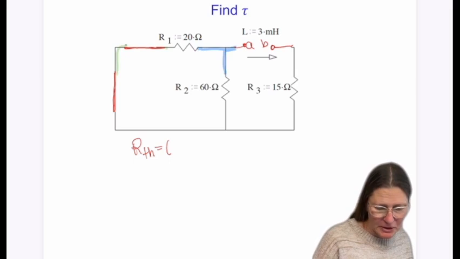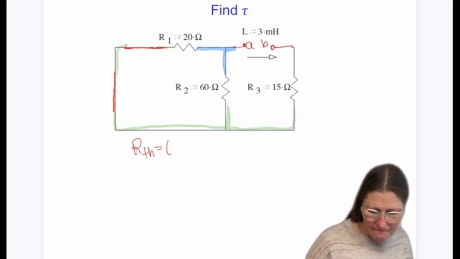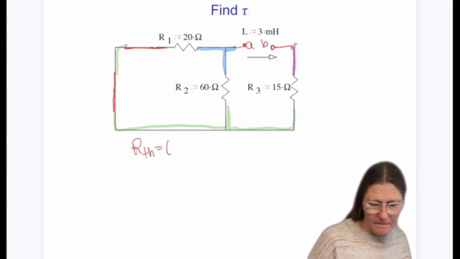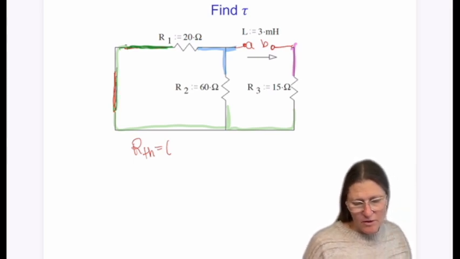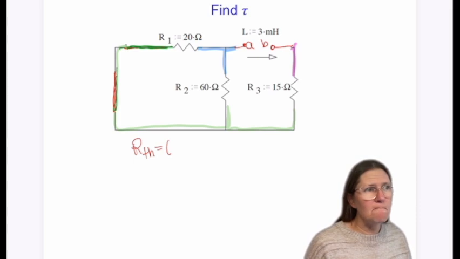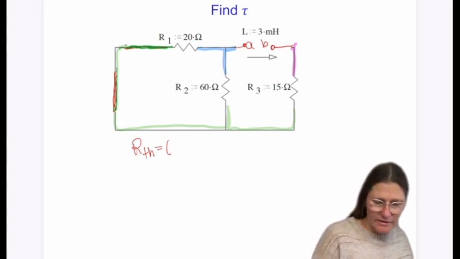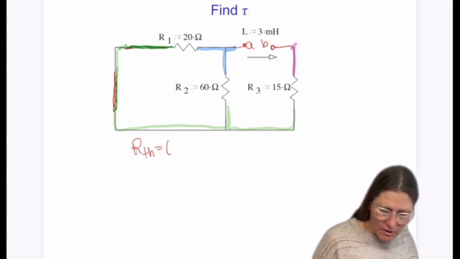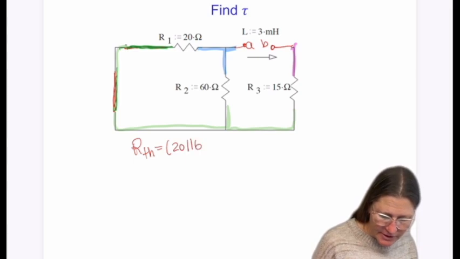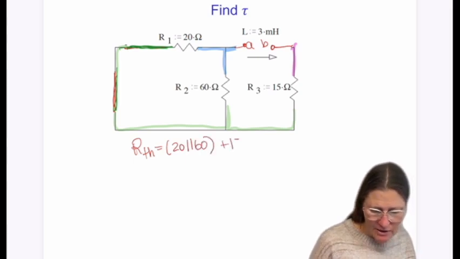What is in parallel here? So what elements are in parallel? Okay, so 1 and 2, so we have 20 in parallel with 60, and then it would be added to the 15.